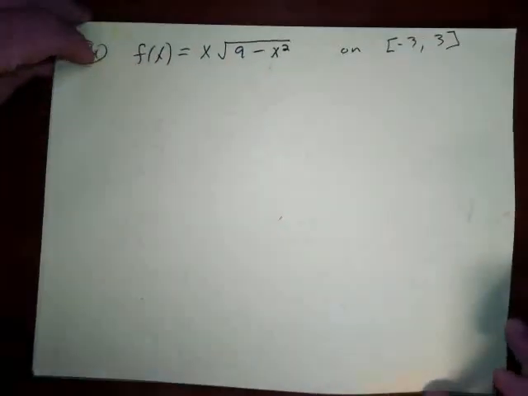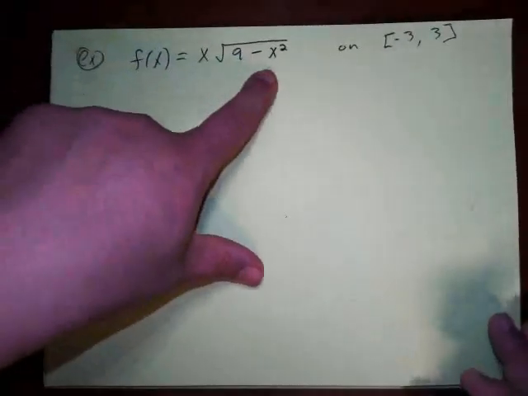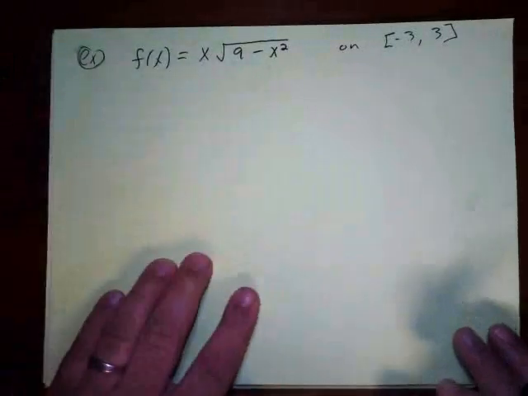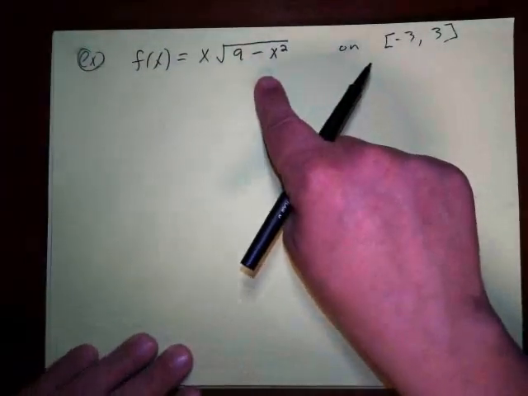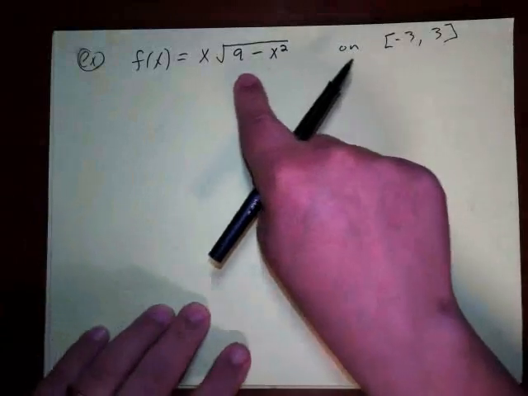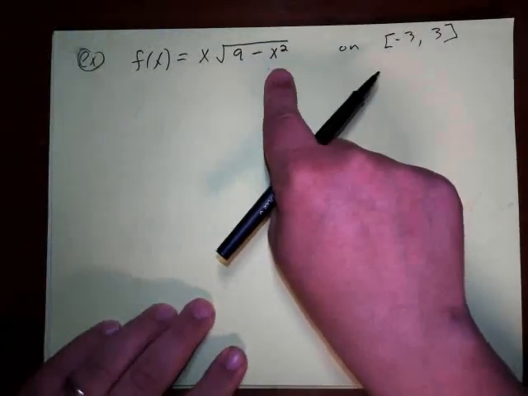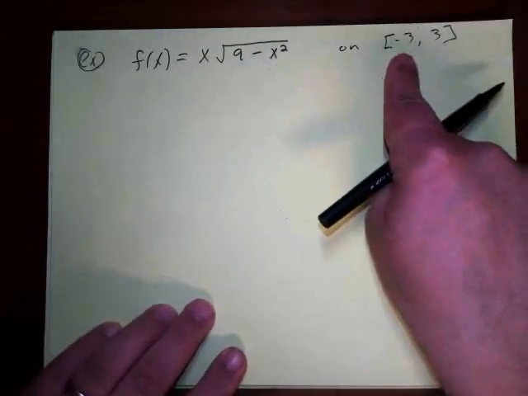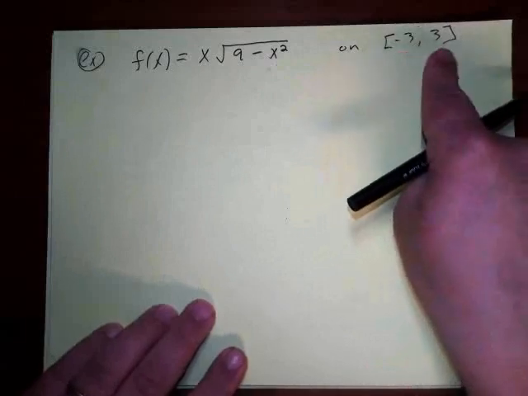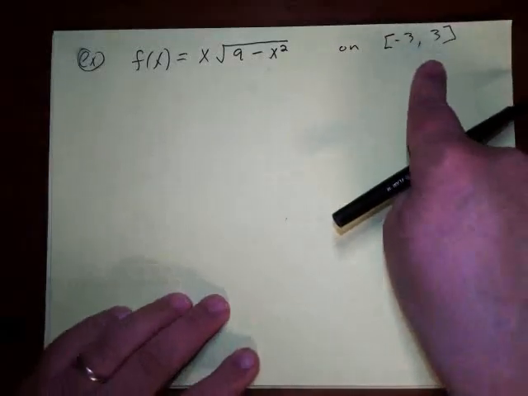And now this involves a root here. Notice that for this function, you can't have a negative underneath a square root. And so the domain is going to be from -3 to 3, and that's a closed interval.